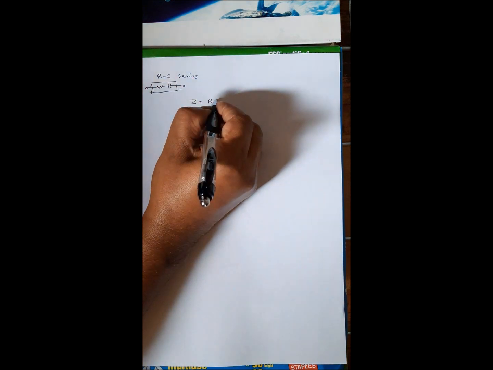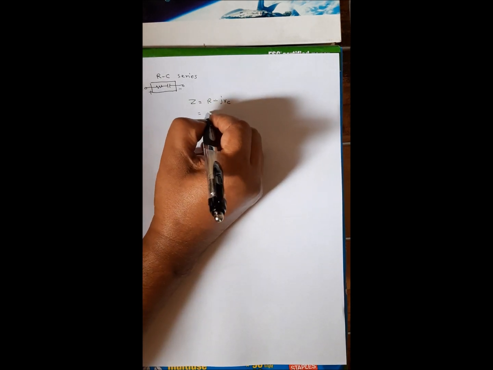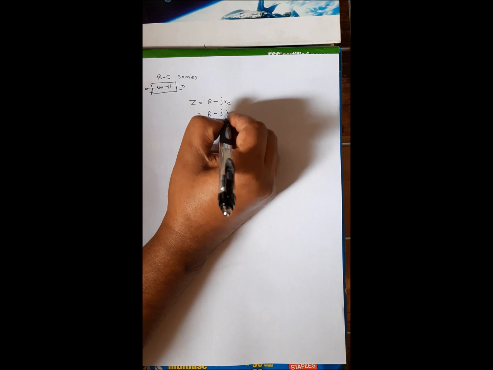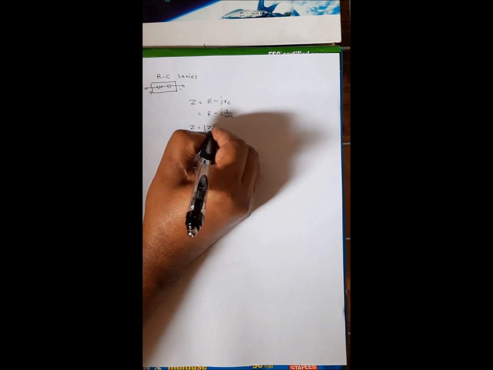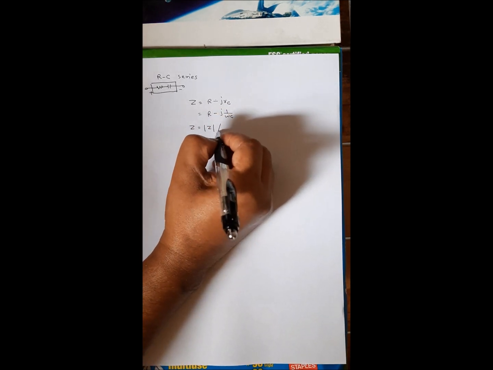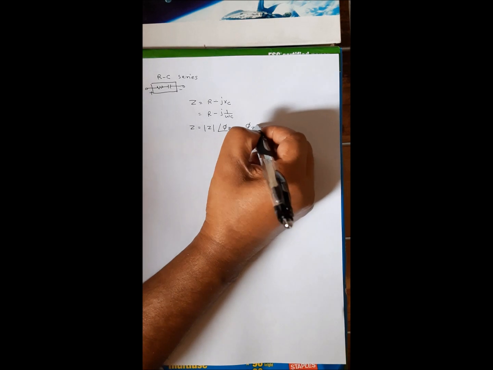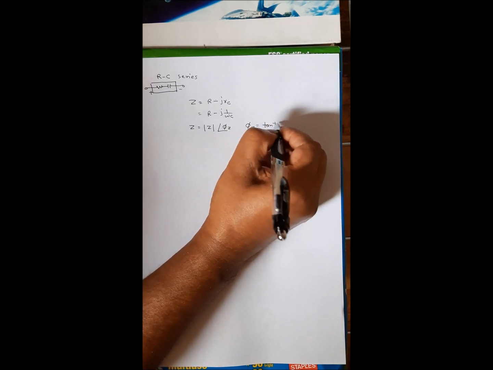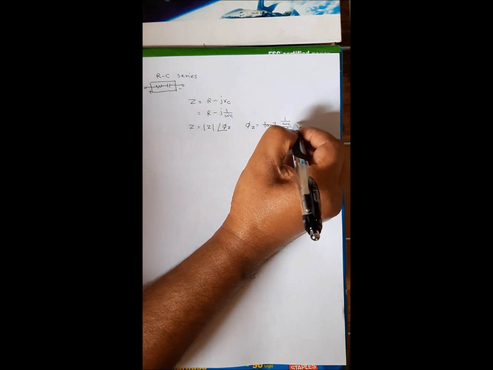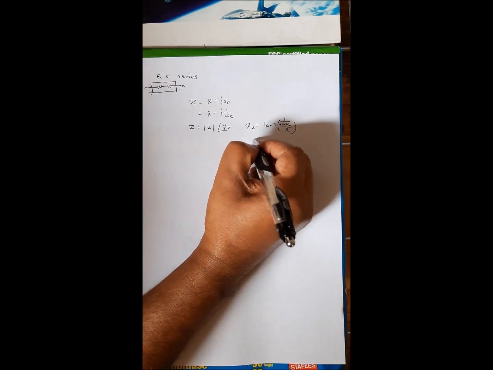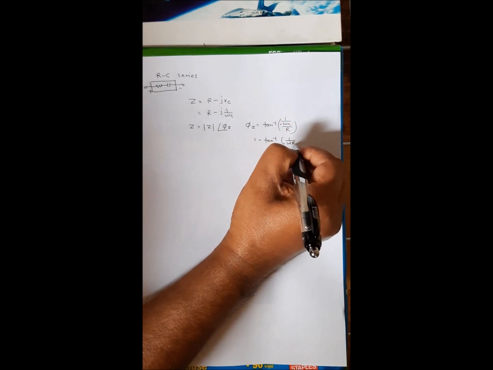As you know, the impedance will be R minus j Xc, or R minus j 1 over omega C. So R will be the magnitude of impedance, and the angle of impedance in polar form is tan inverse of 1 over omega C over R. There is a negative sign, so I keep the negative sign down here. So it will be tan inverse 1 over omega R C.